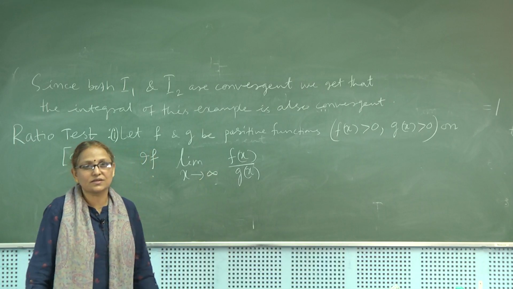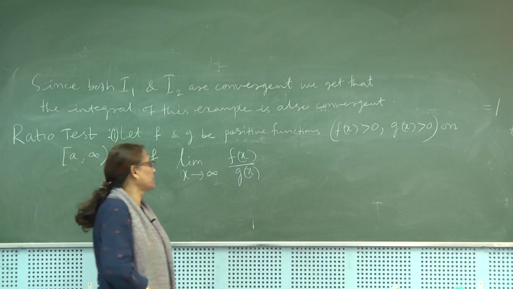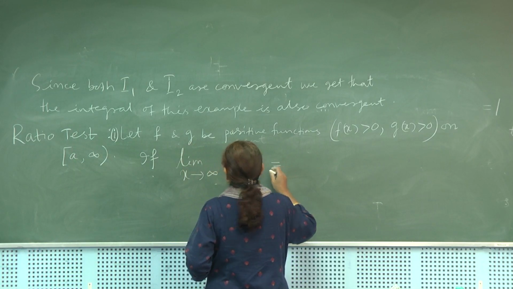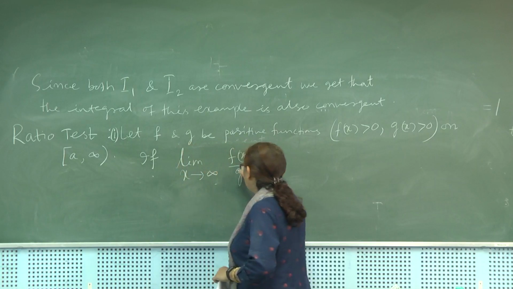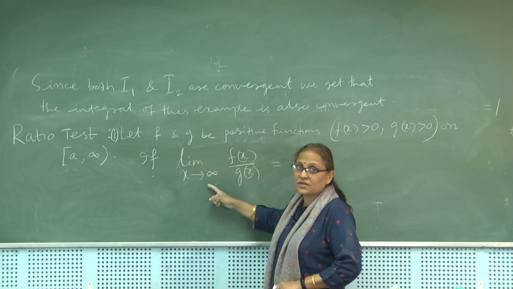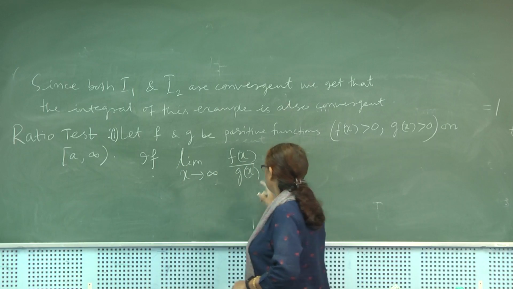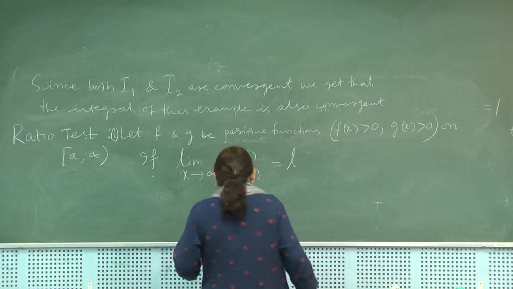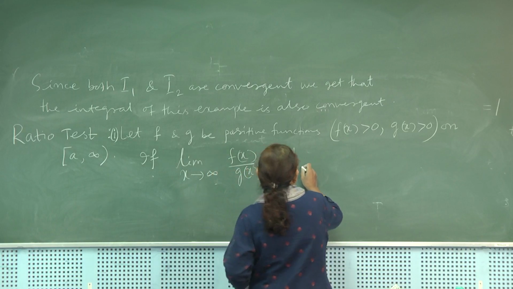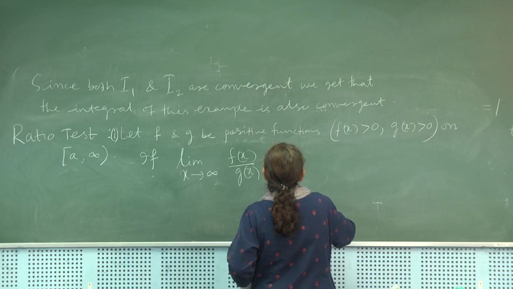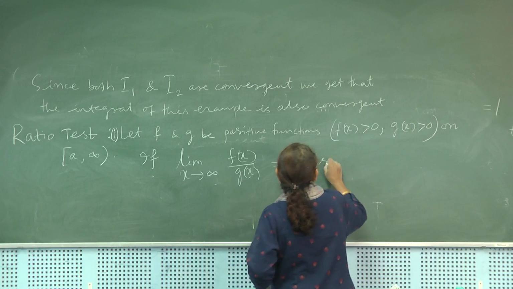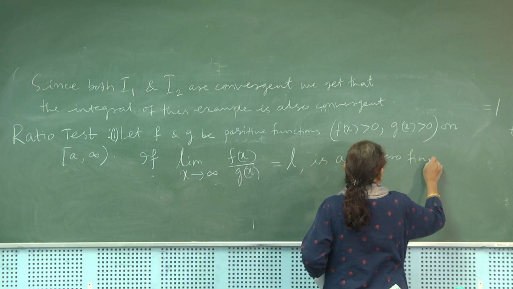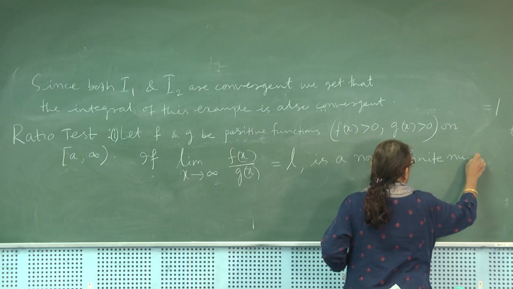If the limiting value of this ratio exists finitely, say it is equal to L, then L should be a non-zero finite number.